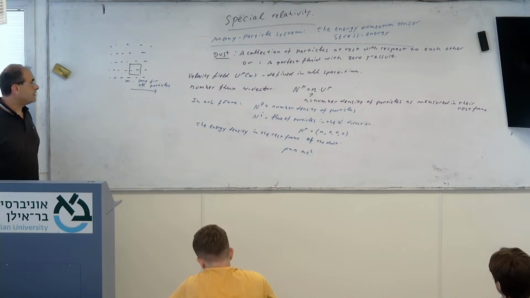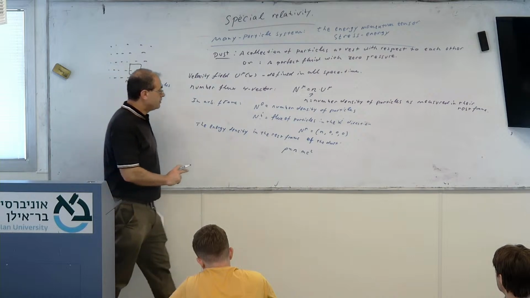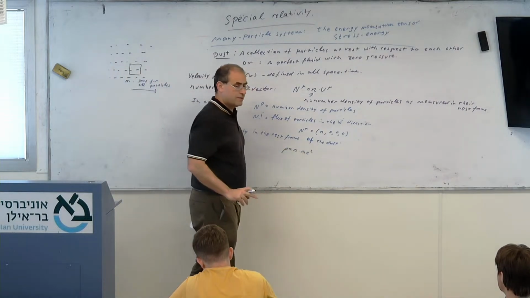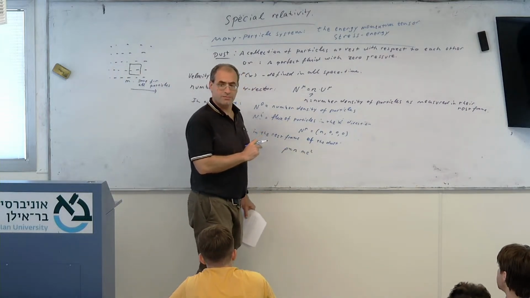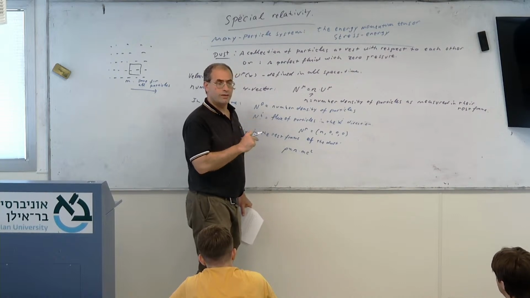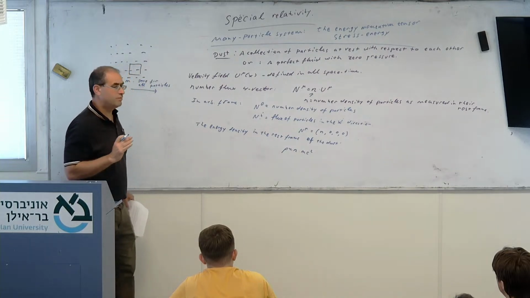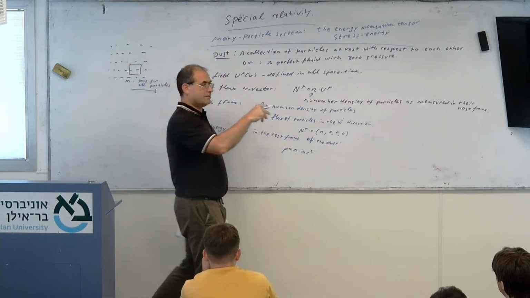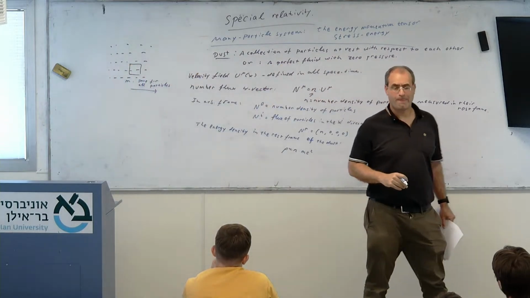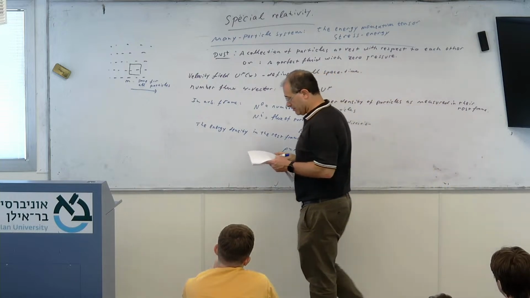So this energy density obviously completely specifies the dust. This is in the rest frame of the dust. What will be the energy density in any other frame, not the rest frame? If I'm now moving in a spaceship and I'm seeing some dust.